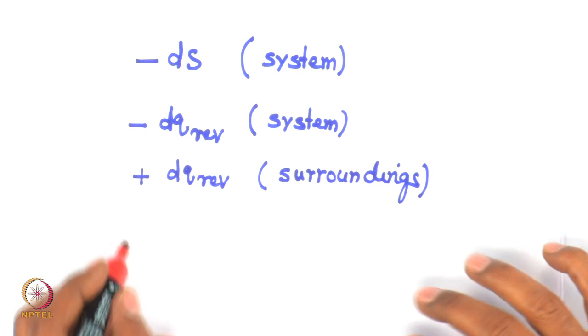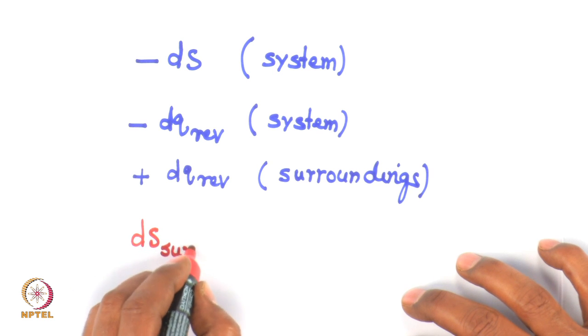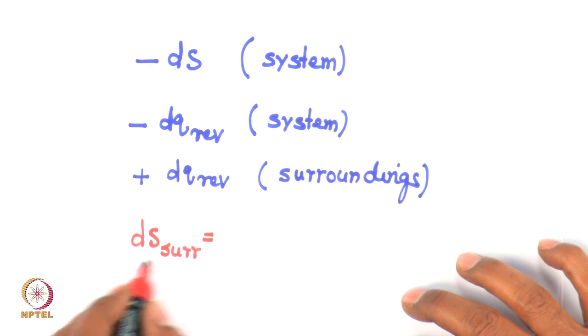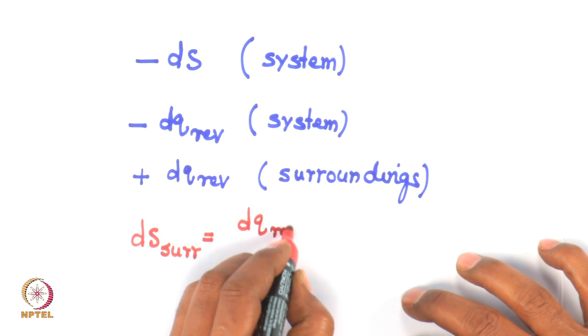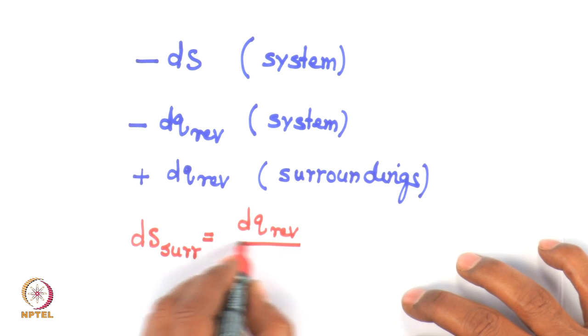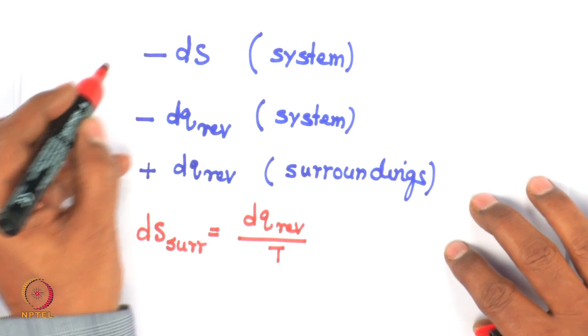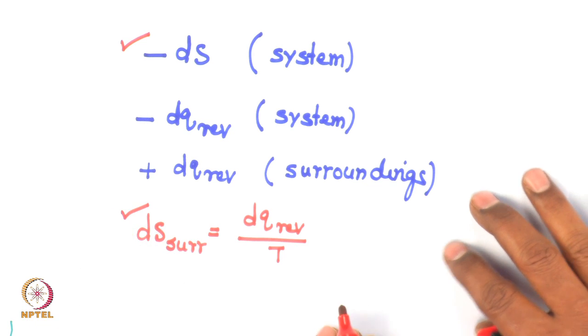Now, the entropy change in the surroundings. Remember, we just discussed today, it is the actual amount of heat transferred. The actual amount of heat transferred here is dq reversible divided by the temperature. This is the entropy change in the system. This is the entropy change in the surrounding.